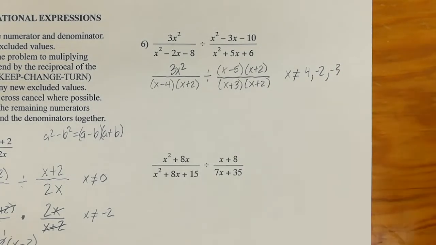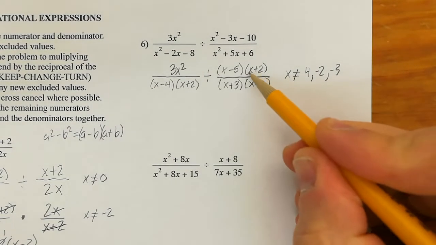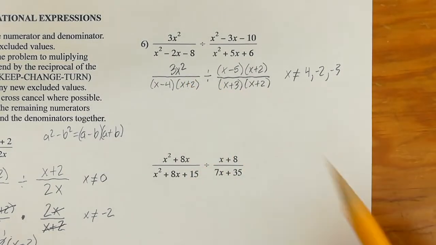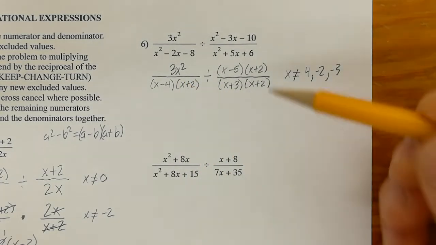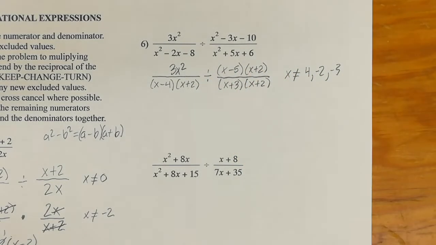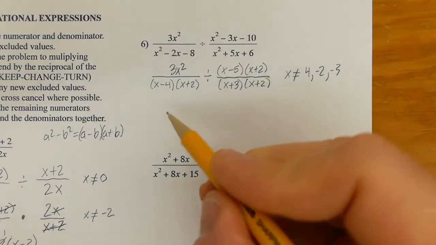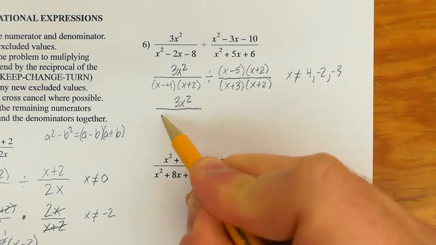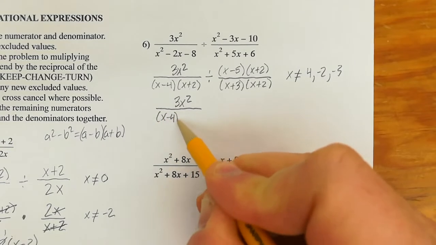Now, since these are in the same fraction, you could cancel these out, but I would avoid doing that. You can't cross-cancel here. That's a big error that can be made. You can't cancel that with that because this is not multiplication yet, all right? So I would resist that temptation to cancel until you convert this over to multiplication.